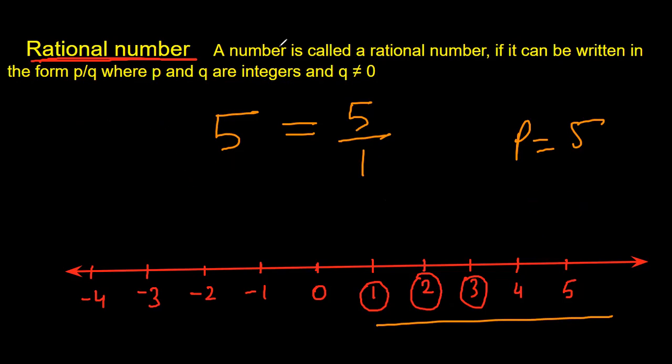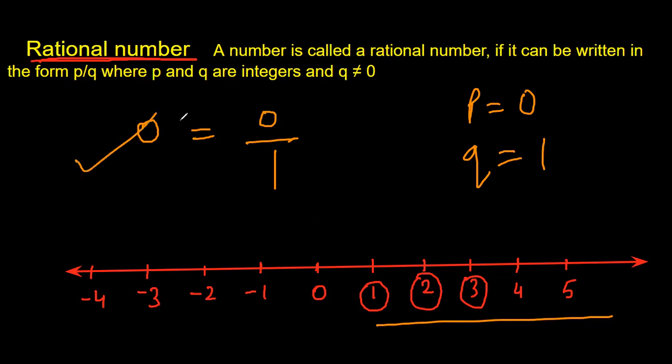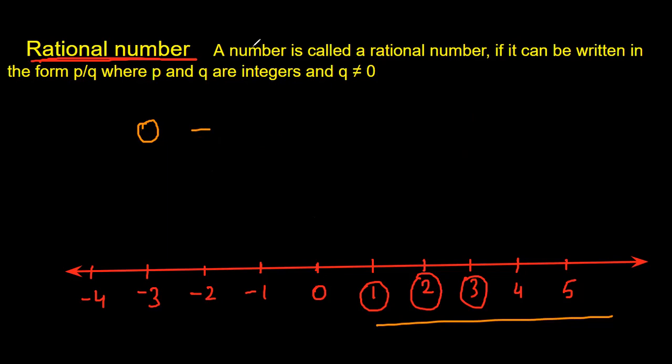Okay, just like that, what can we say about 0? Is 0 a rational number? Look, 0 can be written as 0 by 1. Again, this is in the form of p by q, where p is 0 and q is 1. So 0 is also a rational number. Now, what can you say about negative integers? Consider -2. Is -2 a rational number?